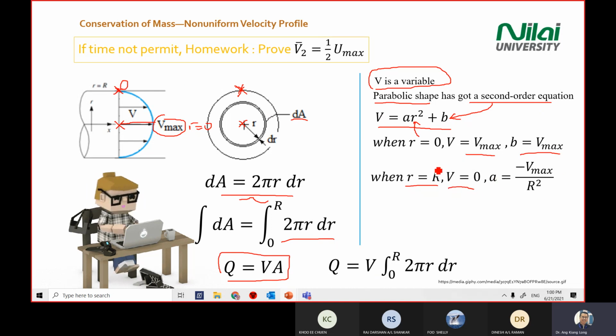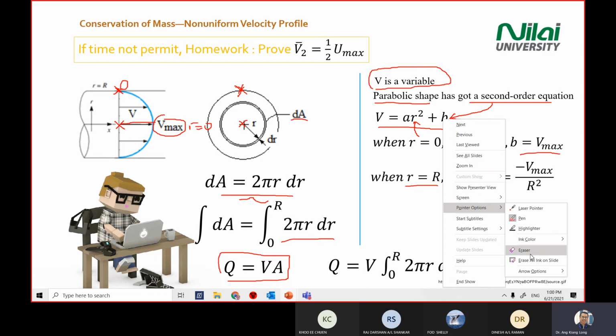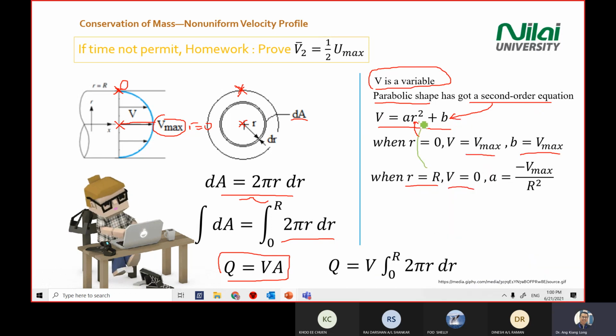So you substitute this into the parabolic equation, with r equal to R and V equal to 0. Okay. Then you have your B from just now.